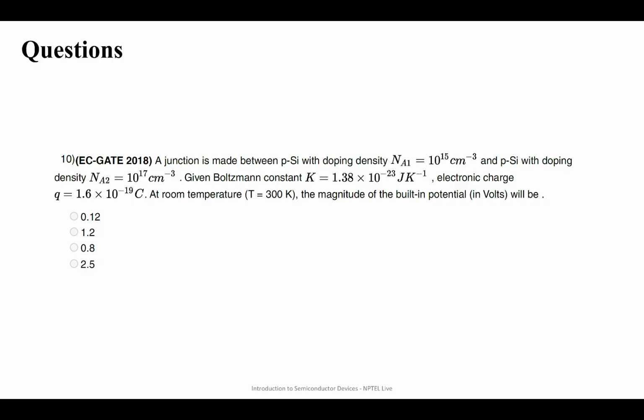Given Boltzmann constant k equals 1.38 into 10 power minus 23 joules per Kelvin, electron charge q equals 1.6 into 10 power minus 19 coulomb, at room temperature T equals 300 K. The magnitude of built-in potential in volts will be 0.12, 1.2, 0.8 or 2.5. So instead of a PN junction, you have a PP junction with different dopings.